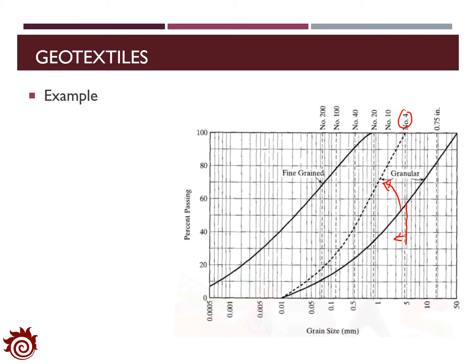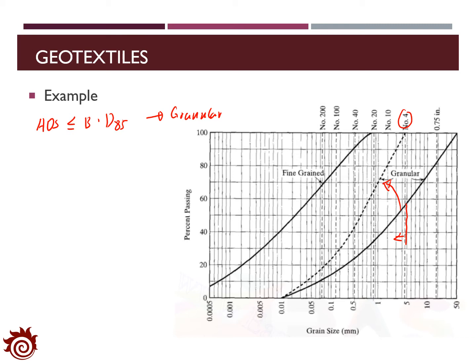And with the retention criterion, we know that AOS for the granular material should be less than B times D85. And this is only applied for granular materials.